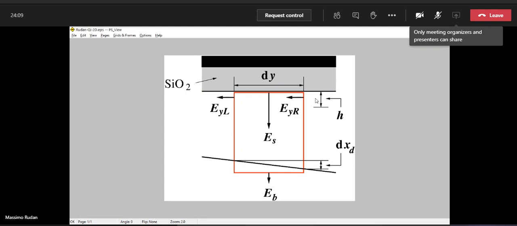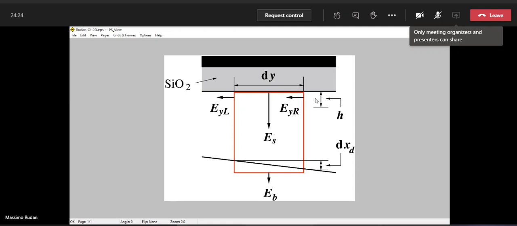Number two, although EYR is different in principle from EYL, this difference is very small. Why?